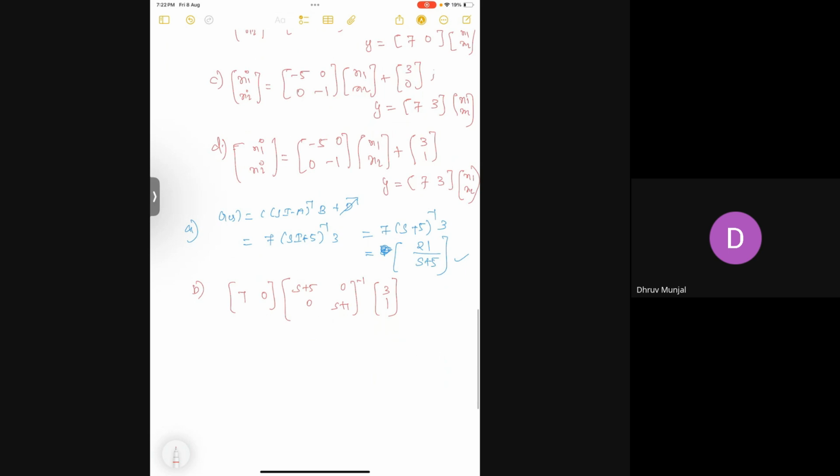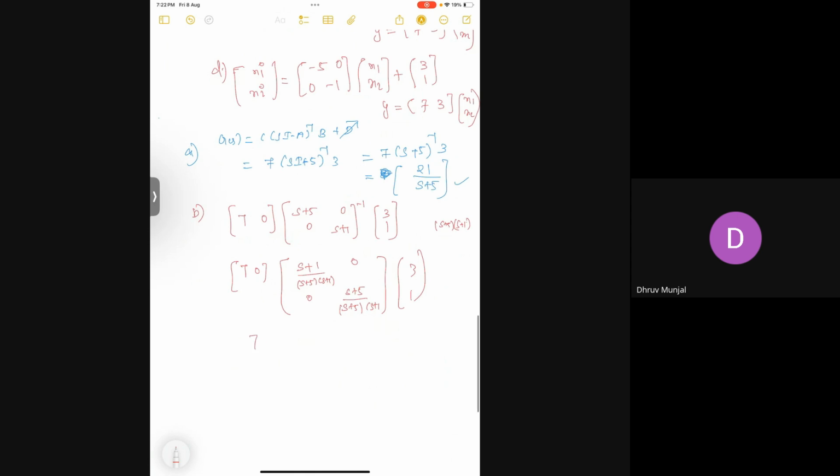Okay. Now what will you get? You will get 7, 0. Take the determinant, s plus 5 into s plus 1. The adjoint will be s plus 1, s plus 5, 0, 0 by s plus 5 into s plus 1, right? Inverse is adjoint by determinant. That gives me 7, 0, times 1 by s plus 5, 0, 0, 1 by s plus 1, times 3, 1.